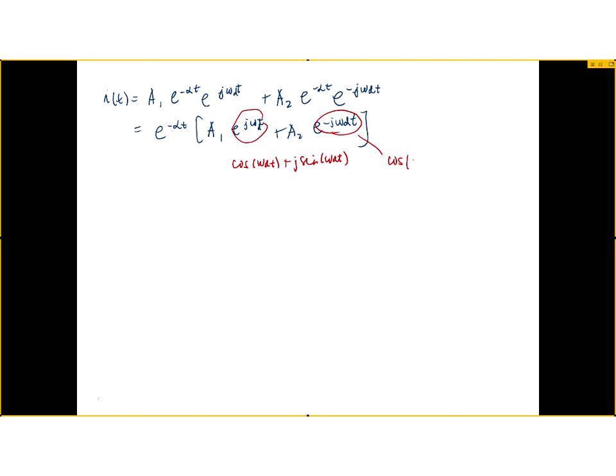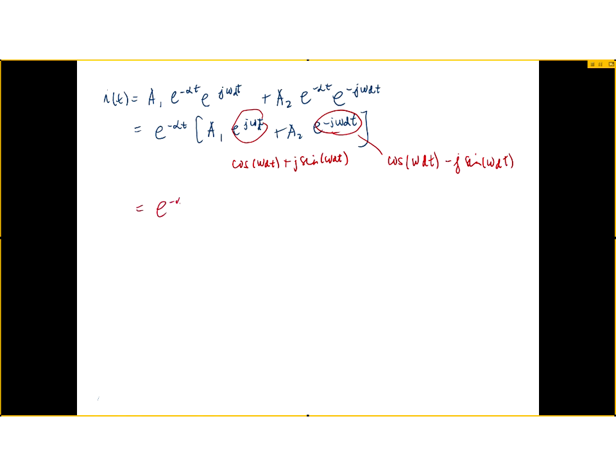Yes. Just say yes. Okay. And then, on the other hand, sine function is an odd function. So the sine of negative omega dt is the same as negative sine of omega t. So we're going to have a negative j sine omega dt. Do you understand why both the cosines will be positive, whereas for the sine, one is positive, one's negative, because cosine is an even function and sine is odd.